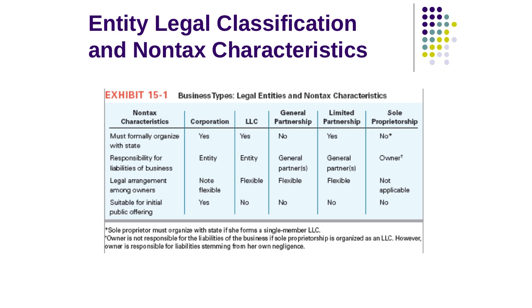So we have our corporations, our LLCs, our general and limited partnerships, and I'll explain the difference in just a second, and our sole proprietorships. So general and limited partnerships. While both of those are partnerships, in a general partnership, all of the partners have unlimited liability with respect to the partnership's liabilities.